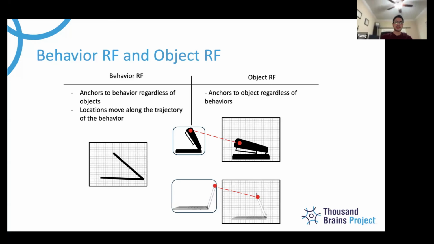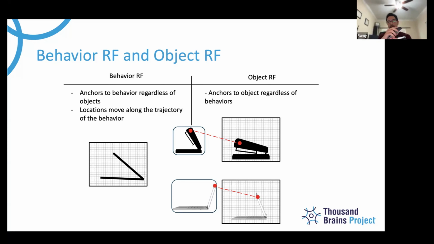No, they still store changes at locations. It's just that, for example, if you've only seen the behavior on the stapler and the laptop, then the location is going to be the full stapler top and the laptop top. At this point it becomes the whole top of the object.